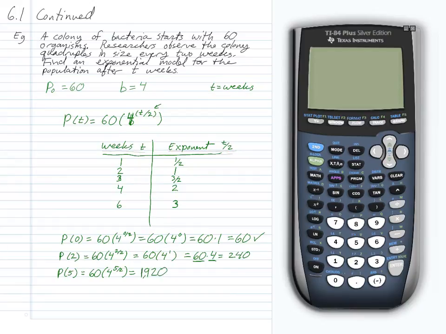Actually, it's not approximate, that's an exact number. So that's how many bacteria are in our colony after 5 weeks. So that's how you would handle the time frame. I like to think of what is my variable, and how is that related to the exponent, based on the situation that we were given in the setup.